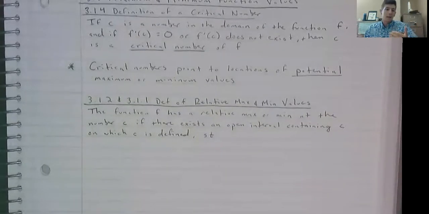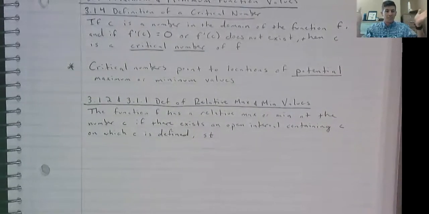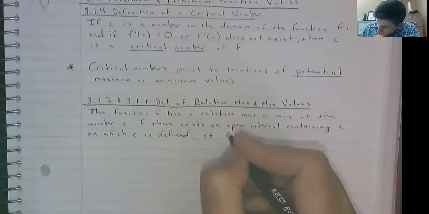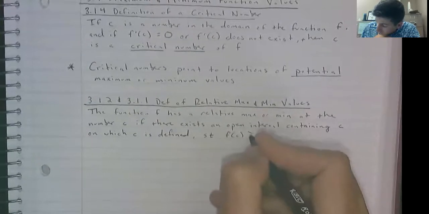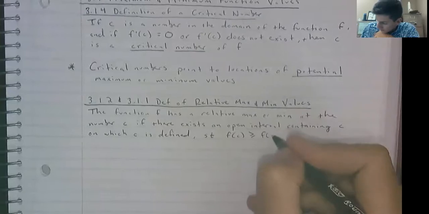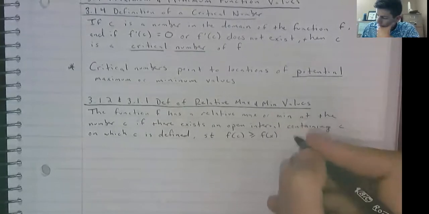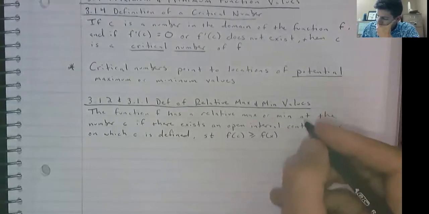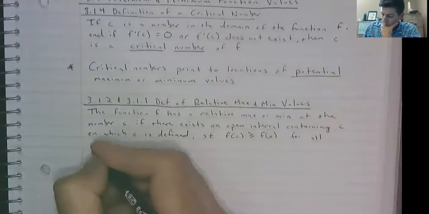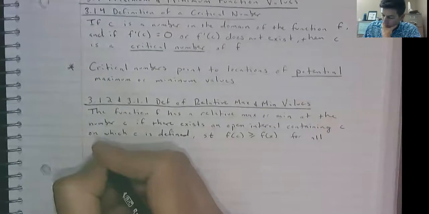and this is where the definitions diverge. If it's a max, the such that we need is that f of c is greater than or equal to f of x for all values x in that interval.